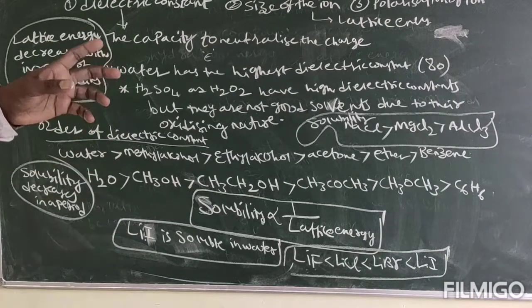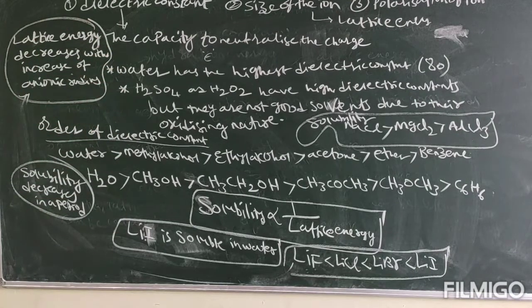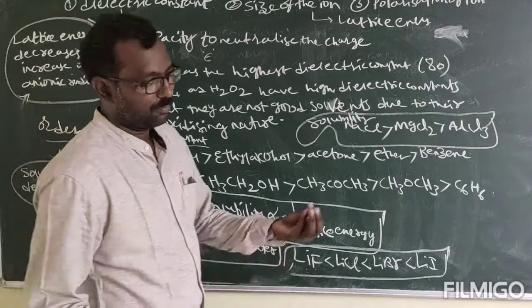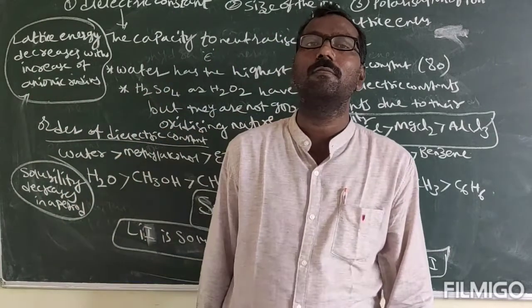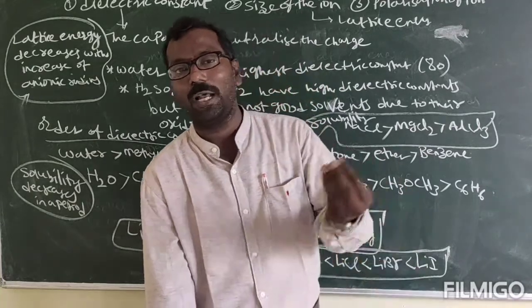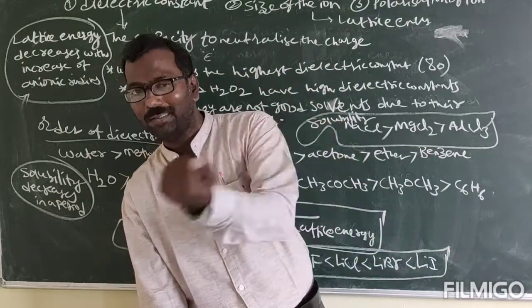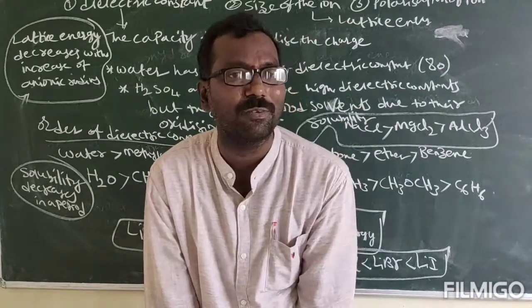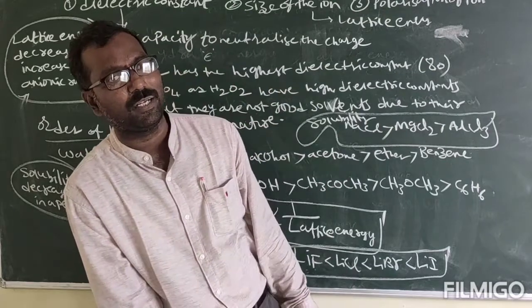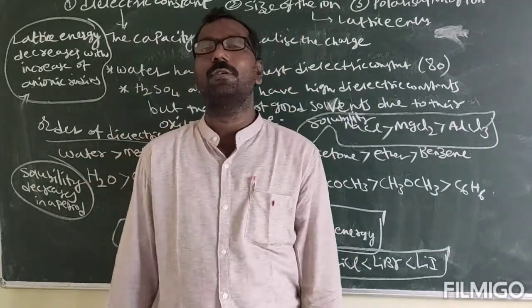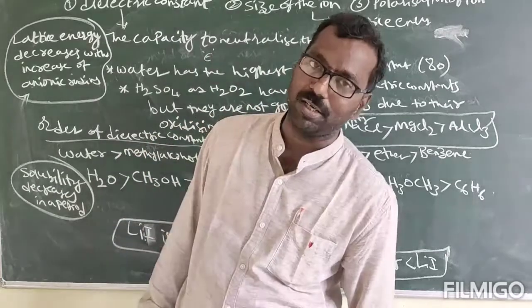And next, the last and final one, that is polarization. What is polarization? There will be some attractive force between the cation and anion, but the cation distorts the anion, and it creates polarization. In tomorrow's class, we will discuss the polarizing factor, and Fajan's rule will be there to explain polarization of ions.